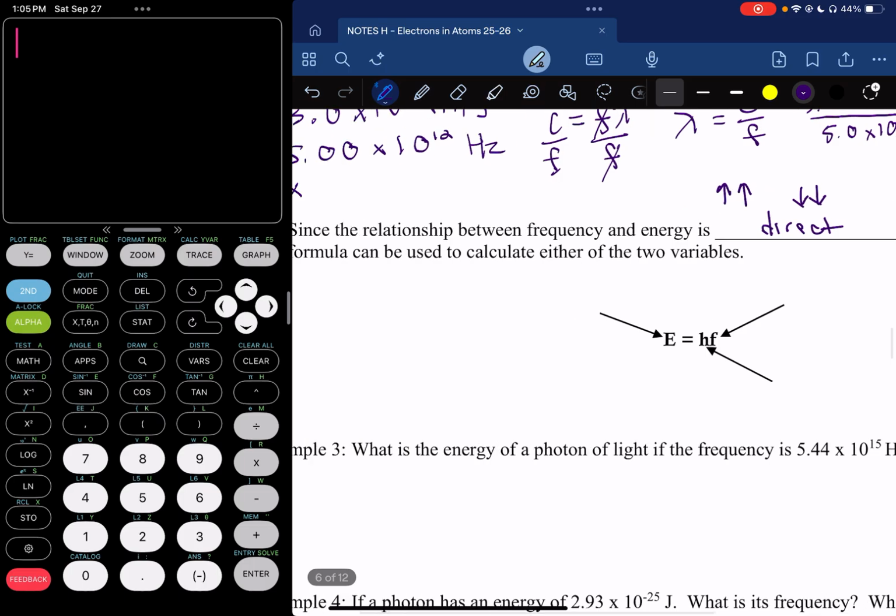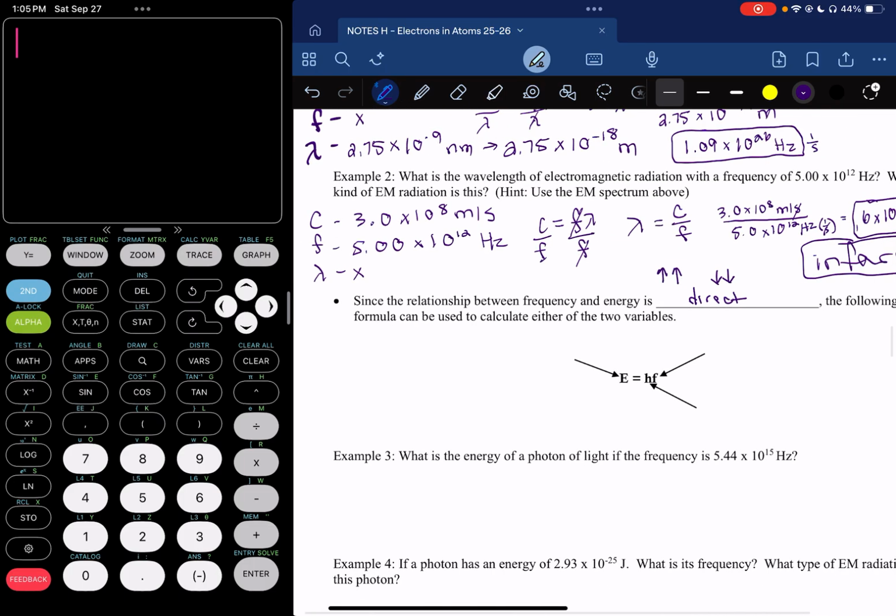And so here we're just going to familiarize ourselves with our variables. This big E is just energy. In energy, we have the unit joules, another SI derived unit, if you will. And then we have H. The H is for Planck's constant.